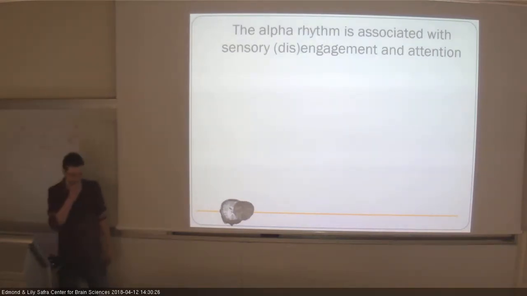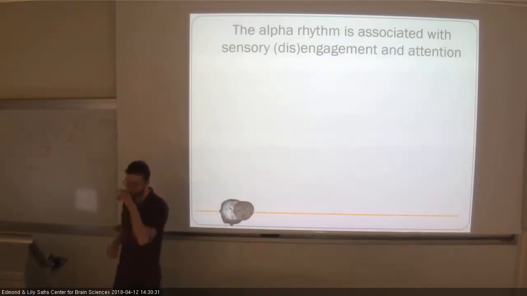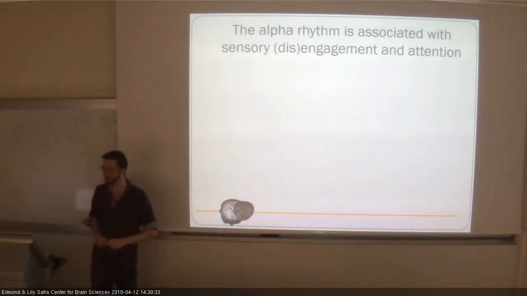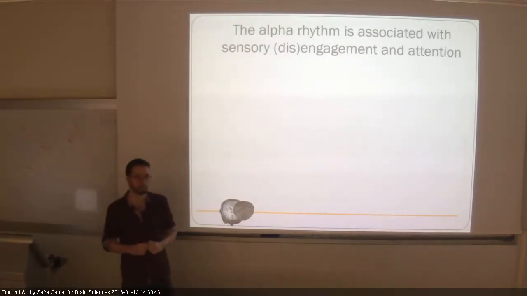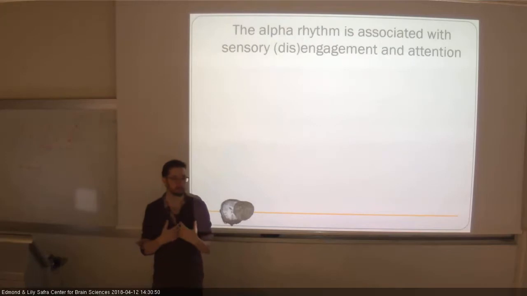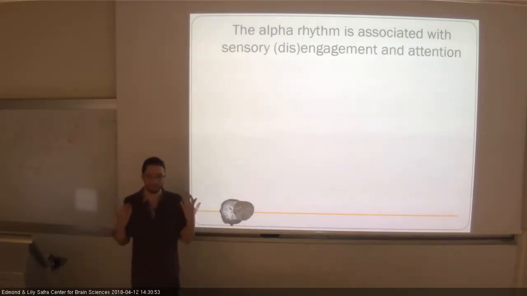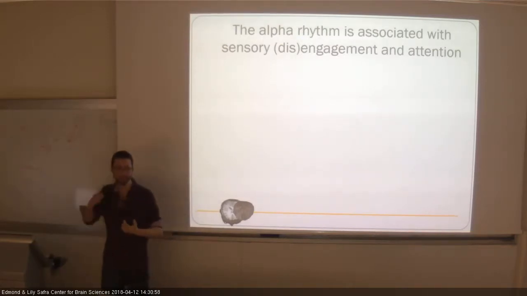There have been tons of studies about the alpha rhythm since the 1920s until today. Right now, more or less the consensus is that the alpha rhythm is associated with sensory disengagement. Whenever I pay less attention to my sensory input and more attention to maybe internal processes, I turn my attention inward, then there's an increase in alpha power.